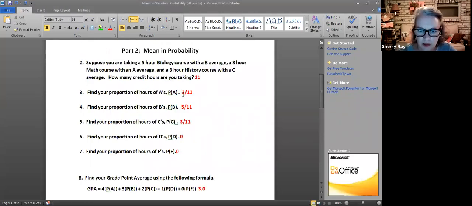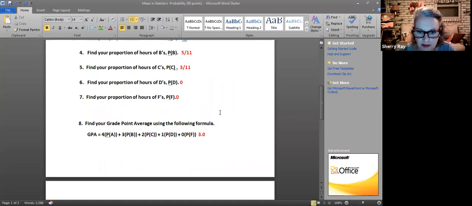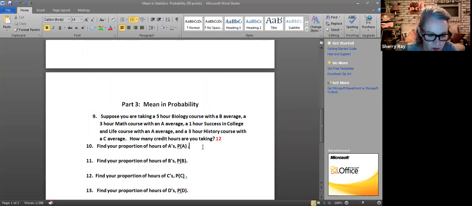So I would probably be just as fast to retype in 4 out of 12. You can reduce it if you like. It doesn't really matter. That would reduce to 1/3 because 4 goes into 12 3 times. The proportion of B's would be 5 out of 12.